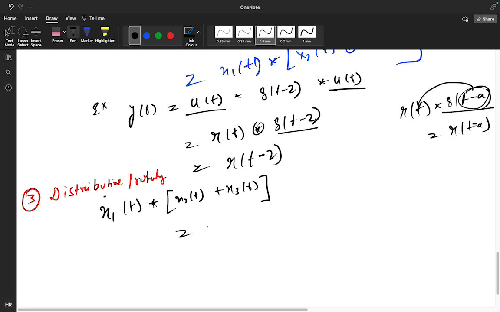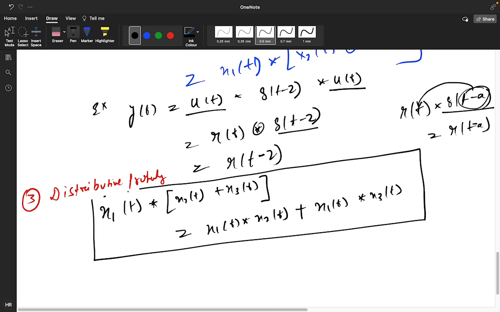How can we write it? x1 of t convoluted with x2 of t plus x1 of t convoluted with x3 of t. This is the distributive property.